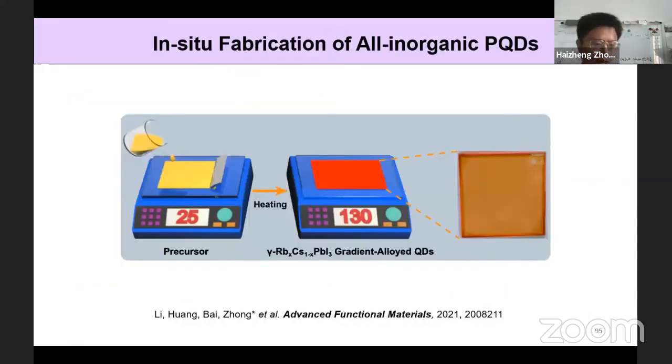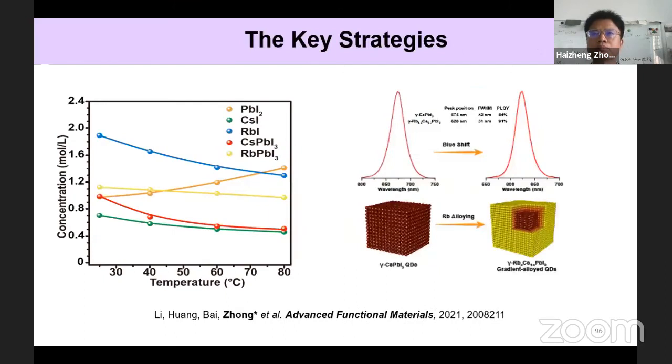In addition to the hybrid perovskites, we also employed the fabrication of all-inorganic PQDs. Here is an example of cesium lead iodide, because for display applications, we also need emissive PQD films with a central emitter at 630 or 640.